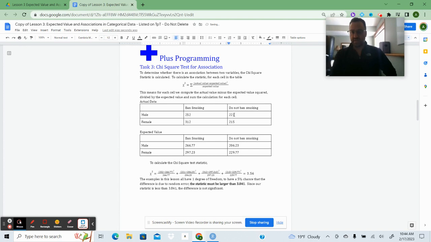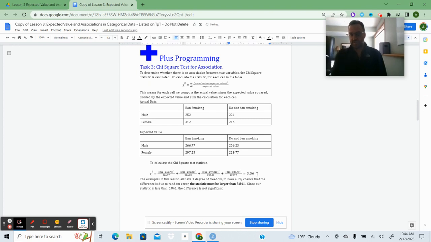So I do the same thing here, 221 minus 206.23 squared divided by 206.23, and then plus here we would go 312 minus 297.23 squared divided by 297.23. Keep doing that, and then this gives us 3.56.